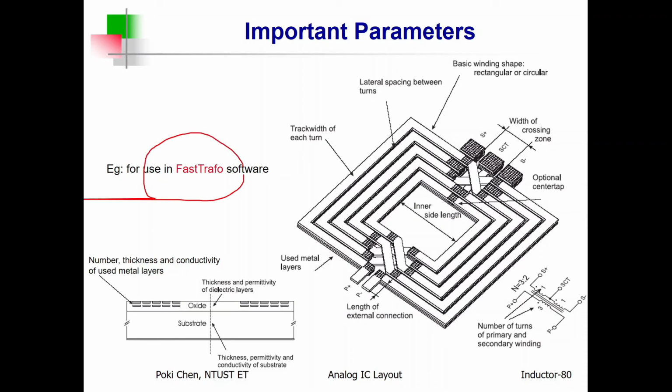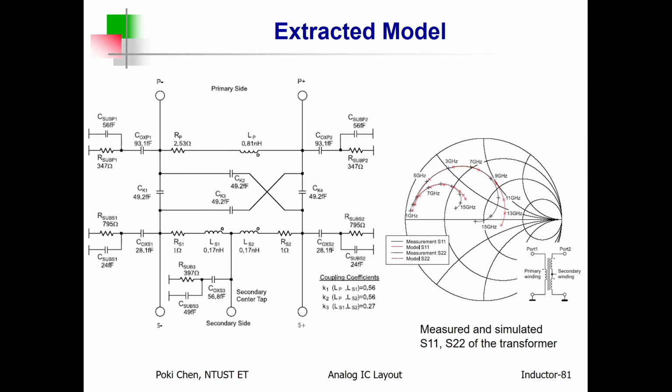They composed their own new software called FastTravel. However, to my memory, it is not open to the public. If you are interested, maybe you can write an email to the center to check whether or not they would like to provide this software to you for free. Okay, just do it by yourself.